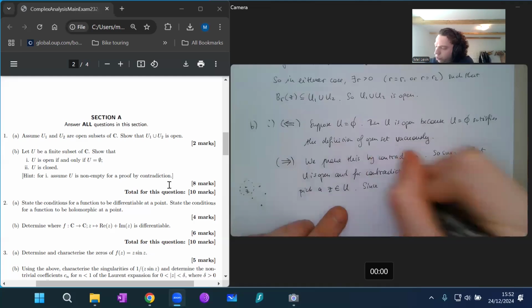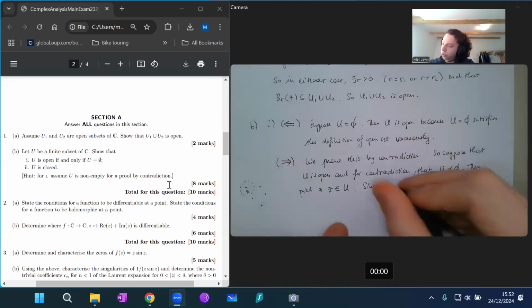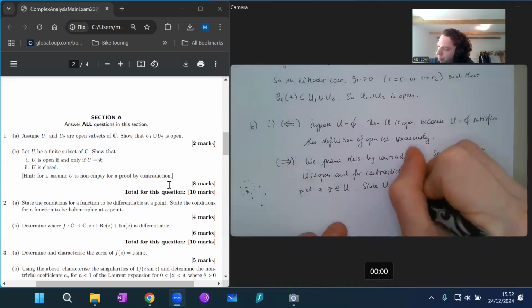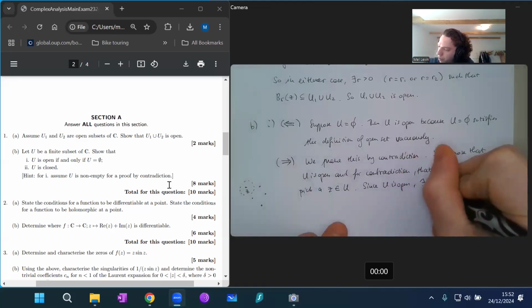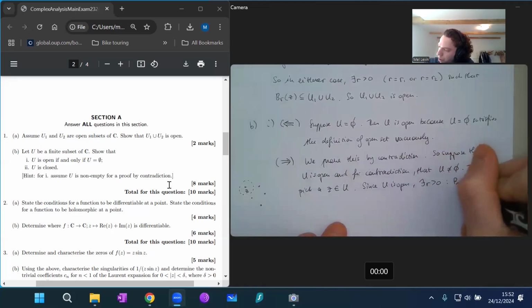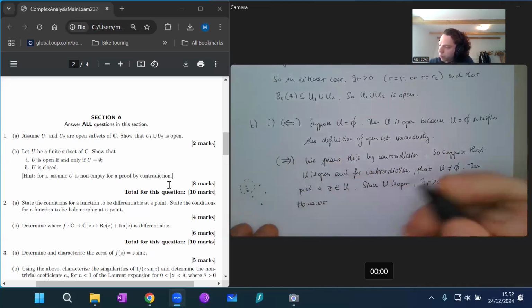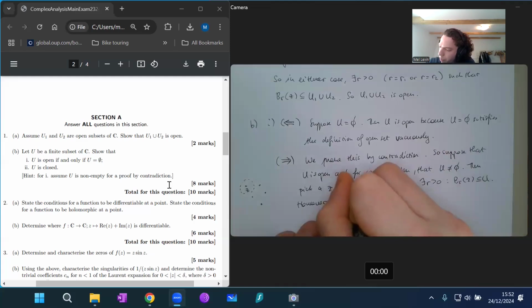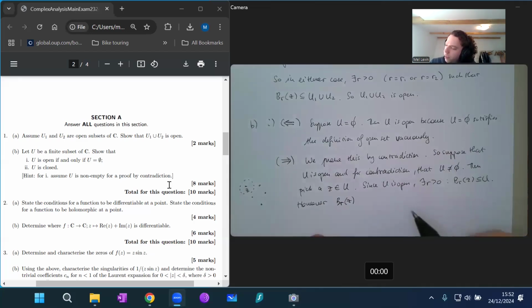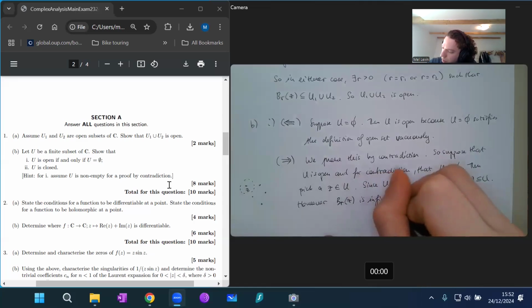Since U is open, there exists an R greater than 0 such that B_R(Z) is contained within U. However, a ball of positive radius in the complex plane is infinite, right?